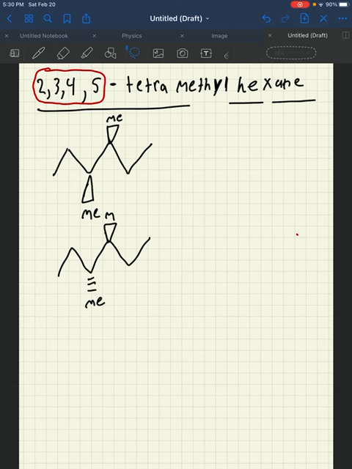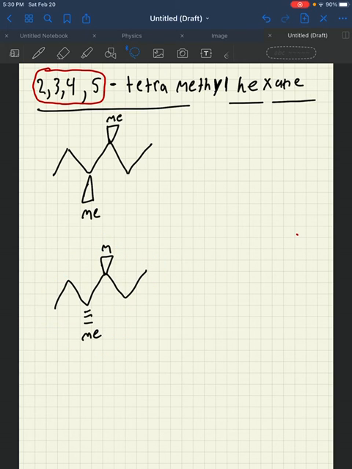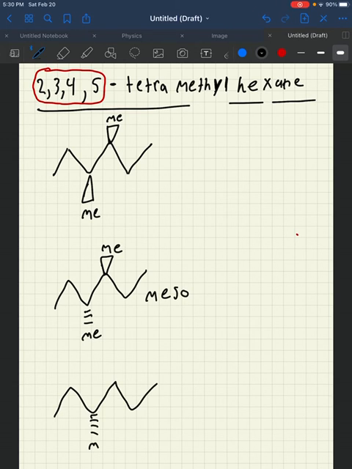I mean, it's up to you, but just make sure you label it as meso. Know that that is meso. And so this would be your final answer. We have 3 unique stereoisomers for this.